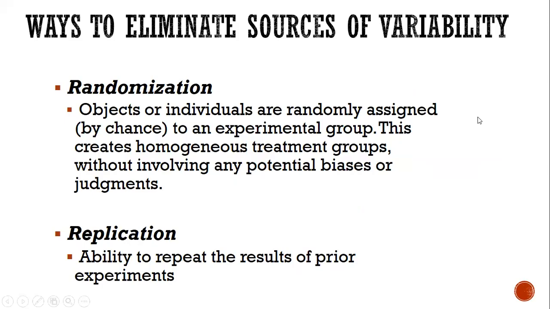Another way to eliminate sources of variability and bias is randomization. When you're creating your groups, it's really important to randomize how you create them. A lot of times humans think that even distribution is randomization, but it's really not.